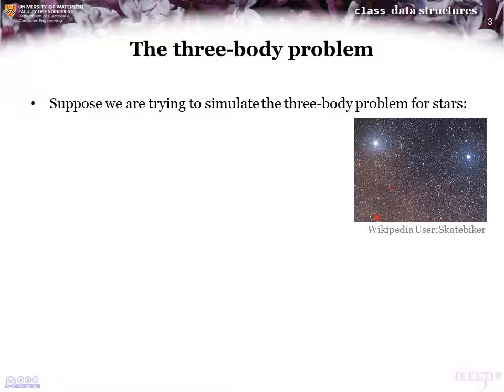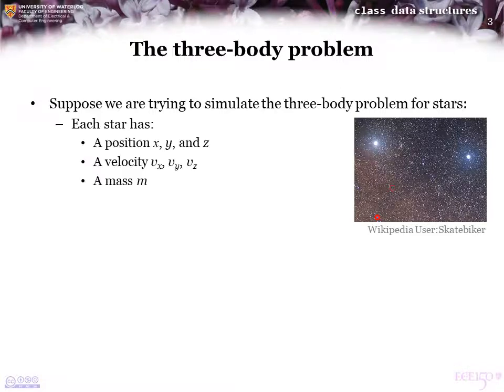Now, suppose we are trying to simulate the three-body problem for stars. Each star has a position, x, y, and z, velocities in each of these directions, and a mass.